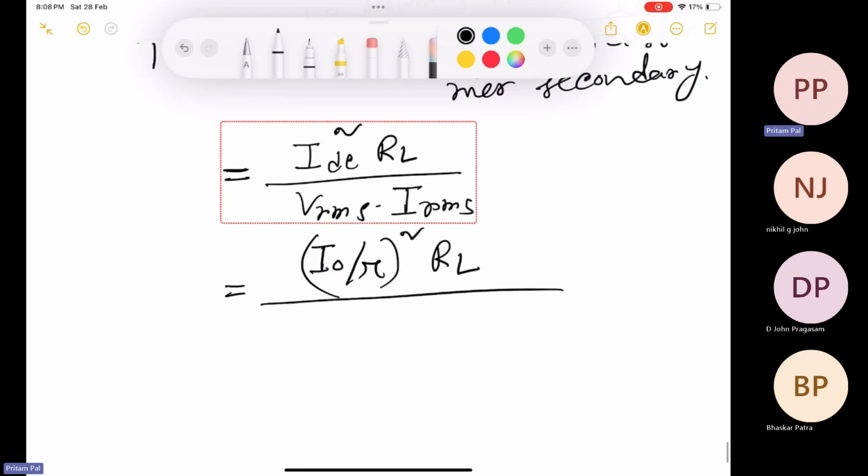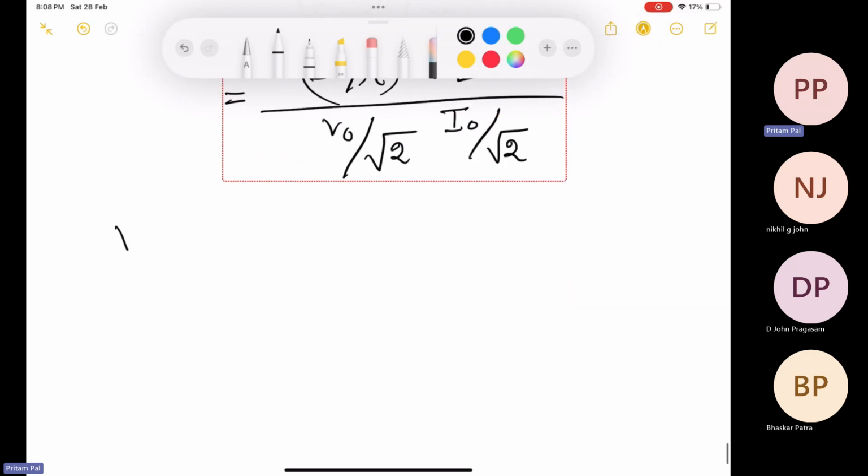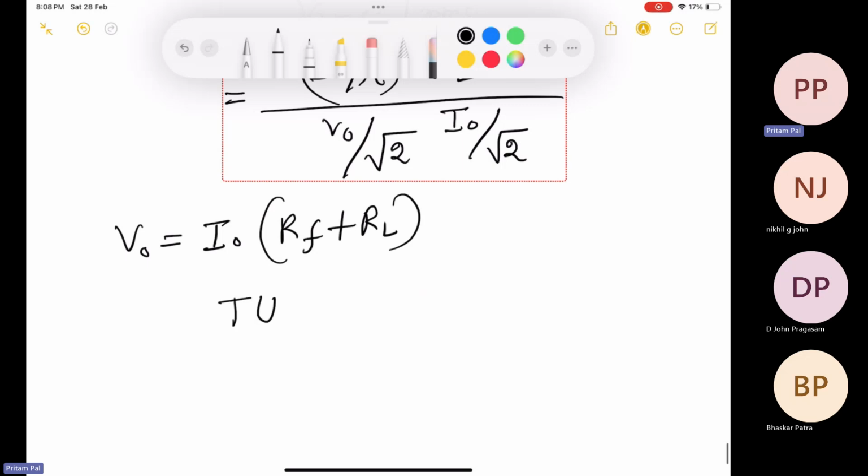This is your load resistance, divided by the RMS voltage V naught by root 2 and the RMS current I naught by root 2, and your V naught equals I naught times RF plus RL. So you get a TUF.